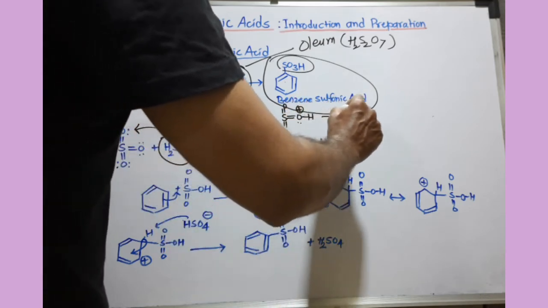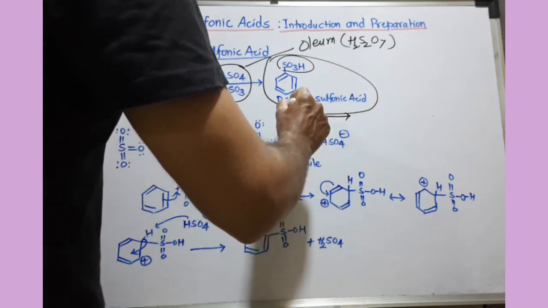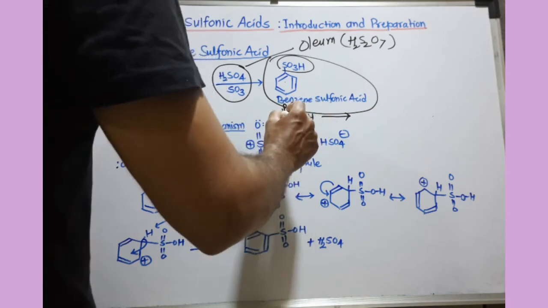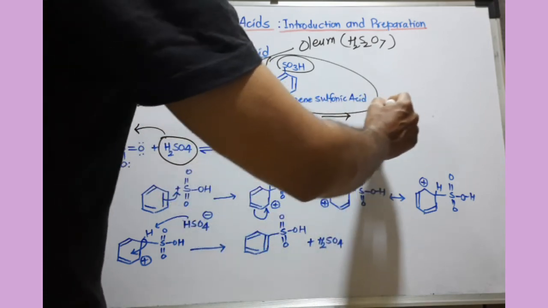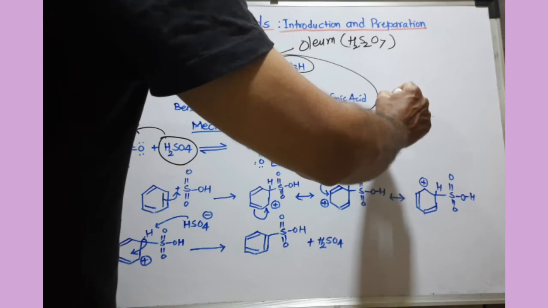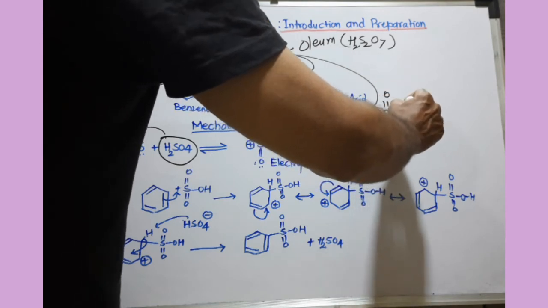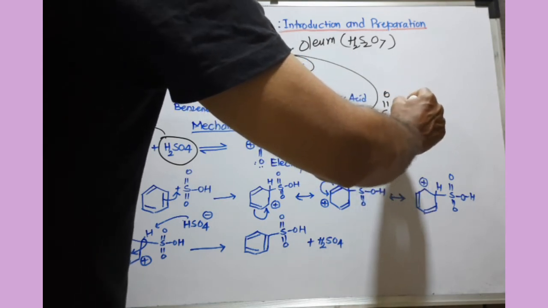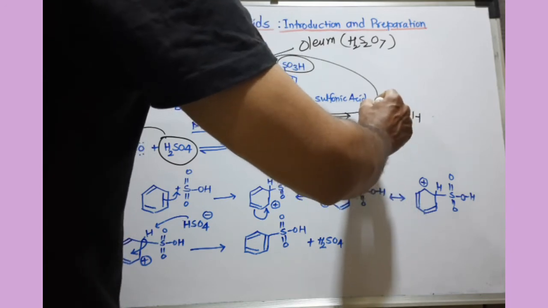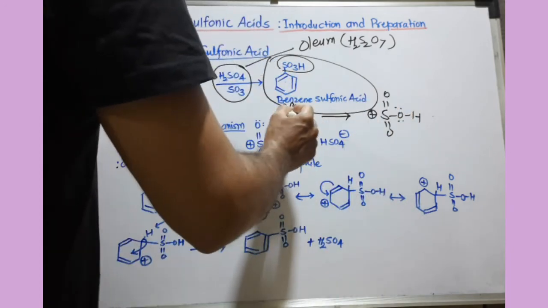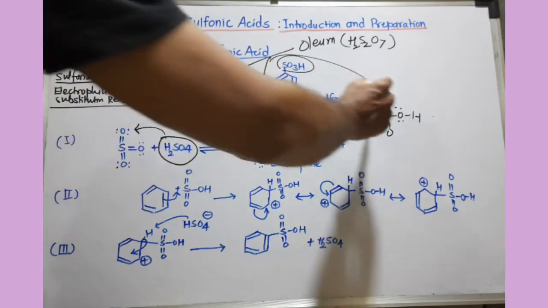But very soon, this will take its lone pair back from this pi bond, and we get here this sulfur and H. Now two lone pairs here, and the positive charge is migrated from oxygen to sulfur because it is more stable.